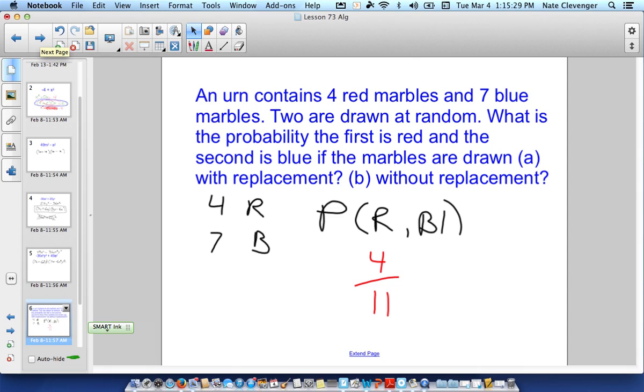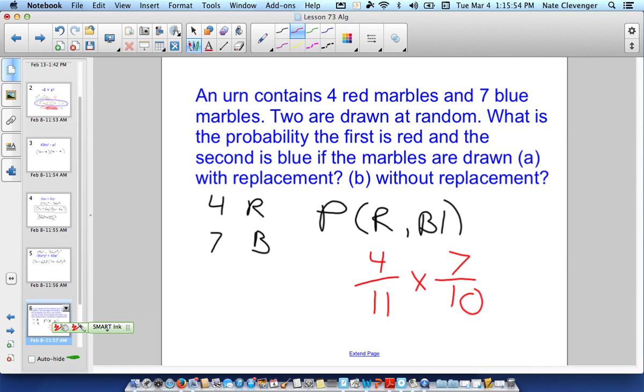So Zach, how many do we have now? 10. So our total on the bottom now will be out of 10 because we drew that red one out and we're not putting it back. And then how many blues are left? 7 out of the 10 are blue.